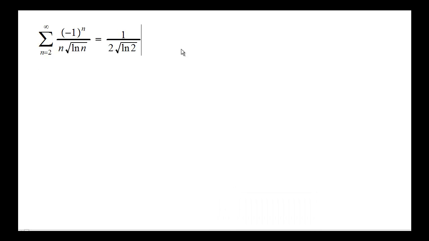Then we have minus, then we put n equals 3. That's why I got that negative sign, because negative 1 cubed would be negative 1, and this is how this series will proceed.